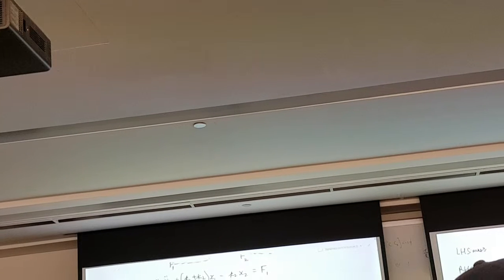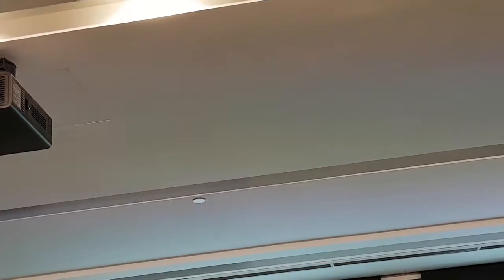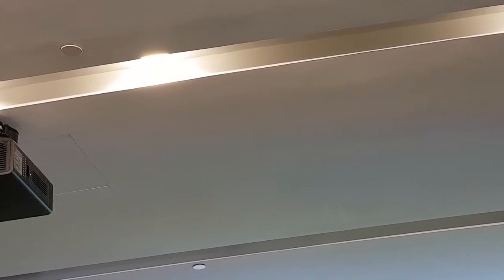This K over there is called your stiffness matrix. And your x double dot tilde, your x tilde, and your F tilde, they are the acceleration, displacement, and force, not matrices, but vectors. Okay, this matrix is a 2 by 2 matrix.